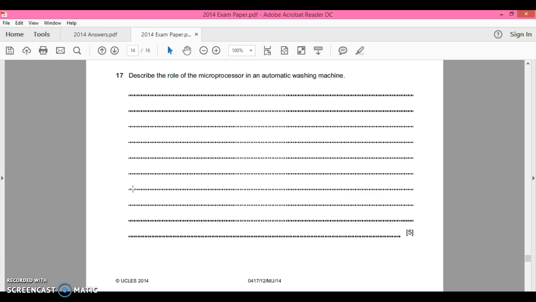Okay, so now the washing machine has a number of sensors, and those sensors work with the microprocessor. The best way to explain this is the most basic way. First of all, the sensors measure analog data. Analog data is physically measuring something. So a sensor would measure the temperature of the water.